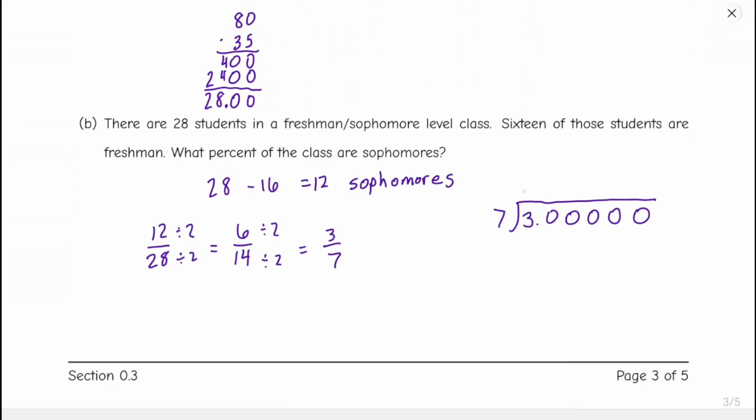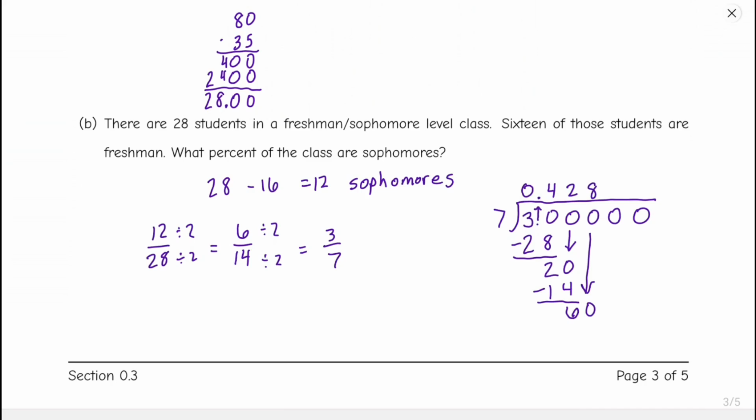Does 7 go into 3? No. Bring the decimal point up. Does 7 go into 30? Yes, 4 times. 4 times 7 is 28. Subtract. Bring down the 0. Does 7 go into 20? Yes, 2 times. 2 times 7 is 14. Subtract. 6. Carry down the 0. Does 7 go into 60?